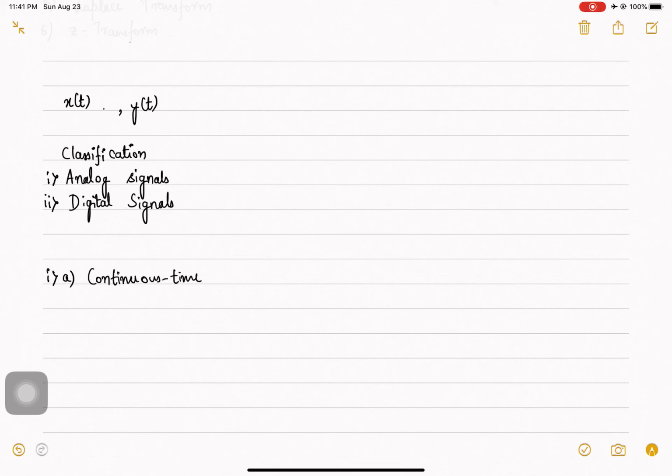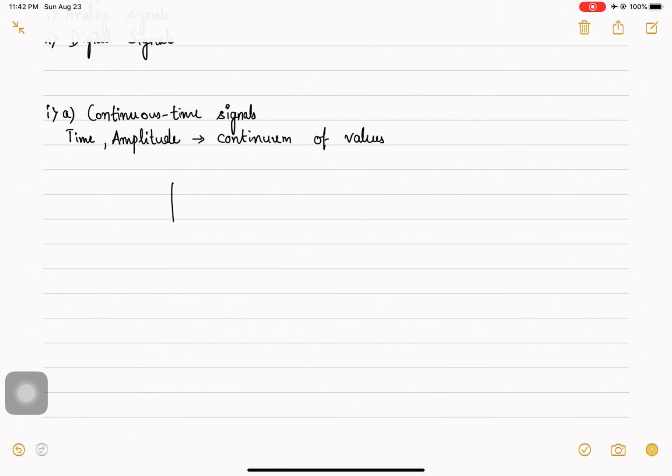They are basically written as continuous time signals. Here the time as well as the amplitude can take a continuum of values. I'm going to draw a random signal.